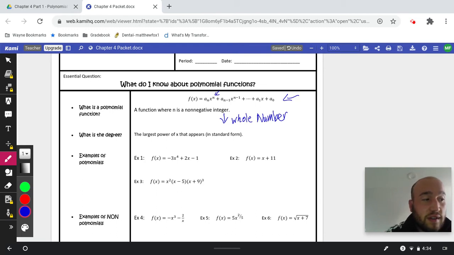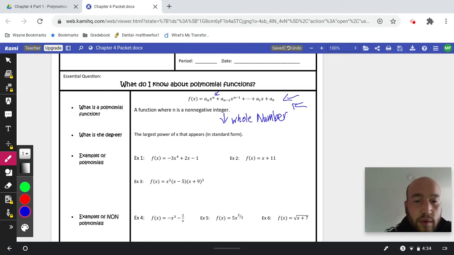If we look at these different examples here, like example 1, there's x to the fourth and x and a constant, where example 2 just has the x and the constant. Now, when we are trying to identify the degree of our polynomial, if it's in standard form, it's very easy, which standard form is what we have up here. It's also what example 1 and 2 are.